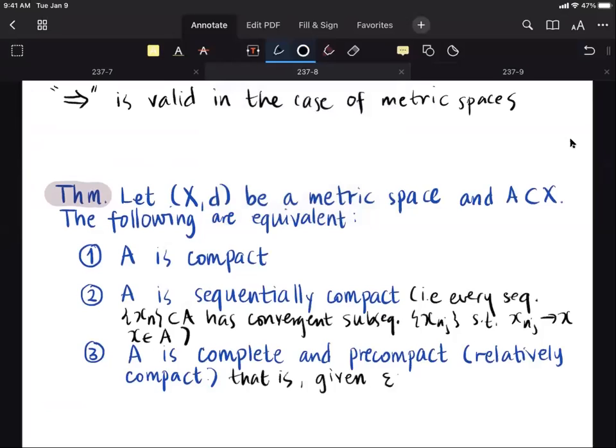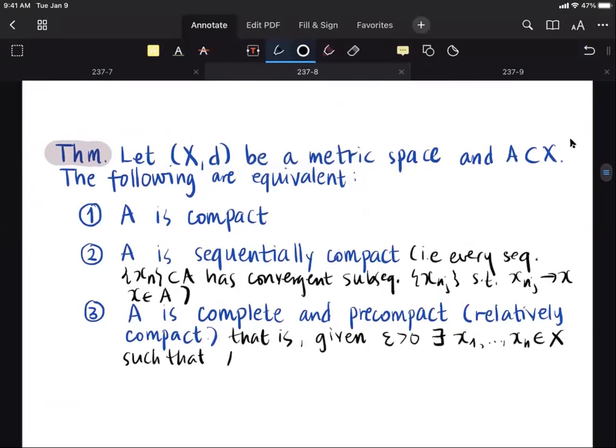Given a positive epsilon, there exists a sequence x1 to xn in A or in X, such that A is covered by the union of the balls centered at x sub j, j from 1 to n, having radius epsilon. This is what we mean by pre-compactness.